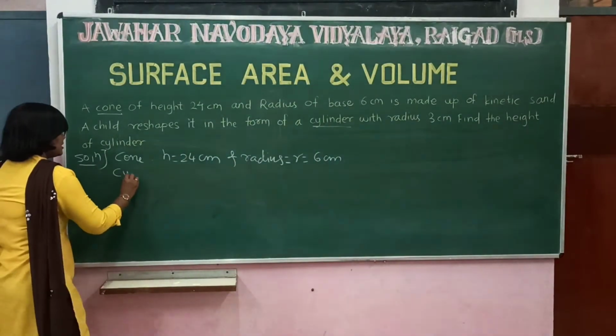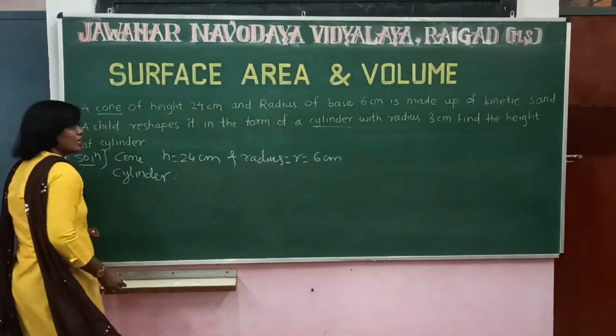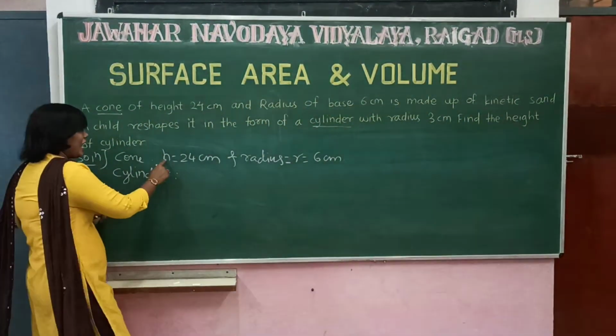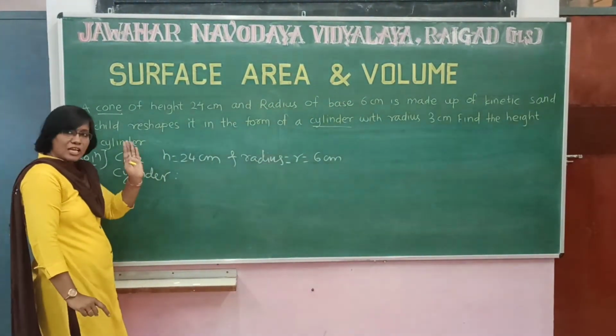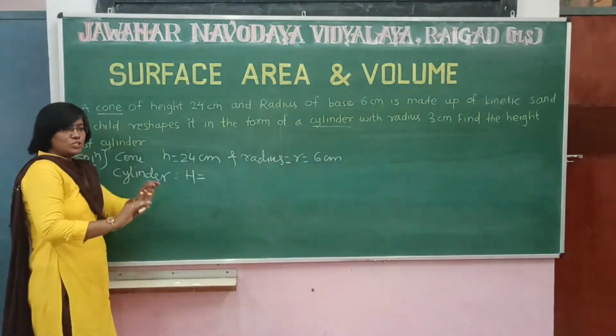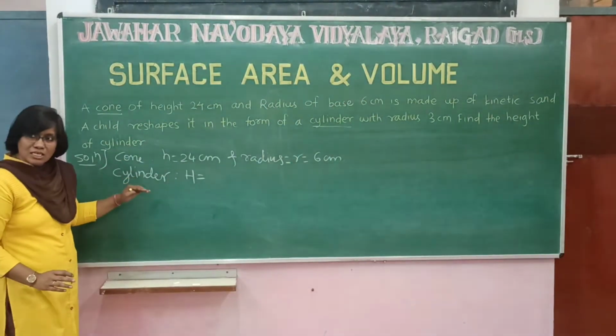Now the next figure, that is the cylinder. Since we have two solid shapes, small h is already used, so I will write it either as h1 or as capital H, because we should be able to differentiate the height of the cone and the height of the cylinder.